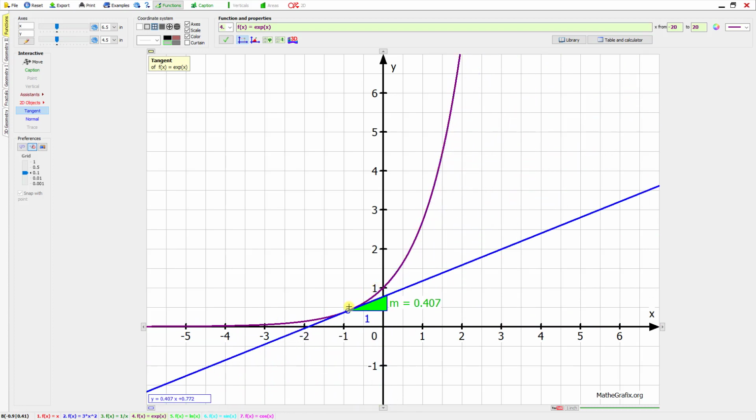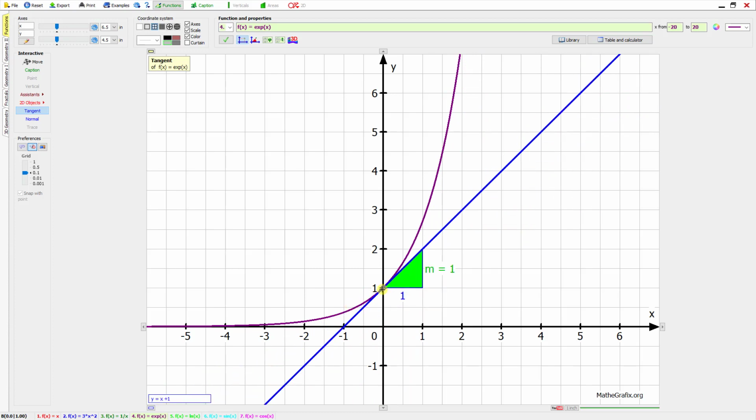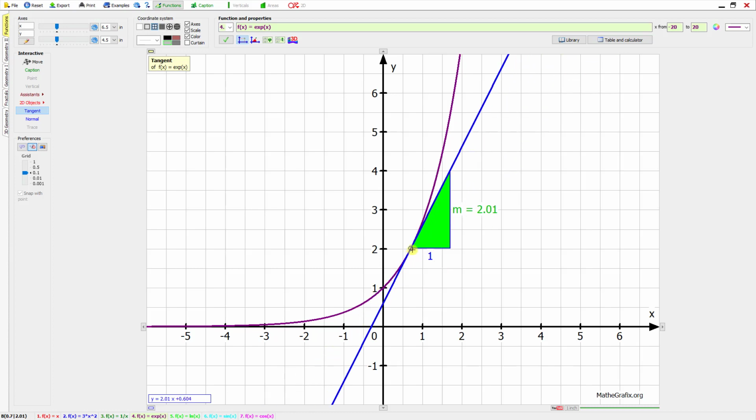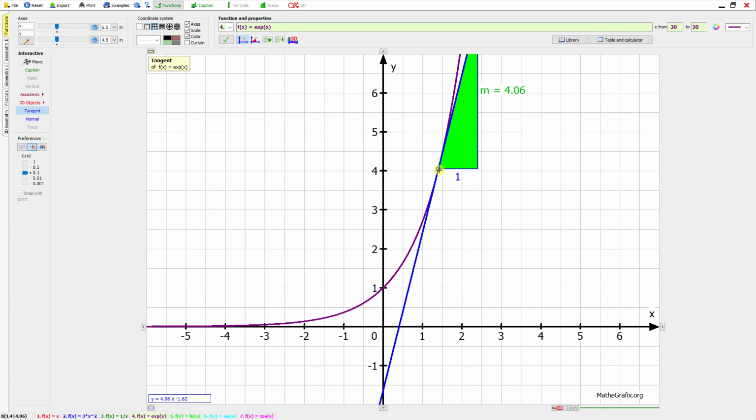All right, and let's look at how the value is related to the location. Okay, when x is equal to 0, slope is 1, and when x is equal to 1, slope is 2.72. Okay, it gets a little difficult to understand how these things are related.